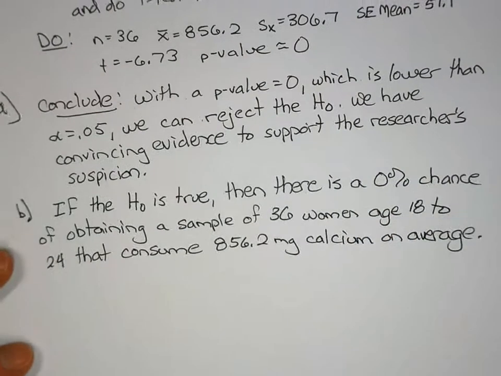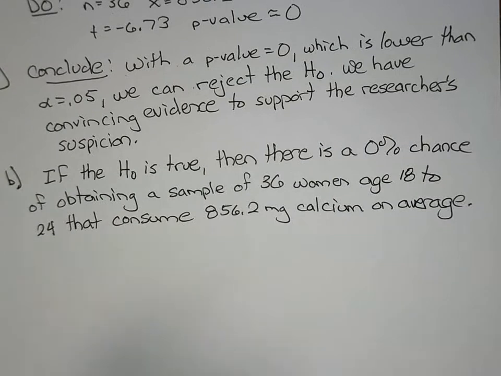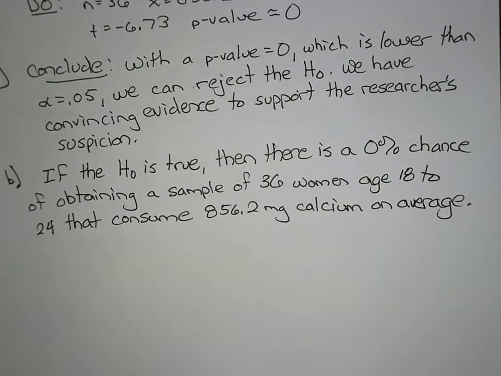And that was just the sample results in context, which I probably could have reread the question and written exactly what they had. Alright, so that was it for number 75.